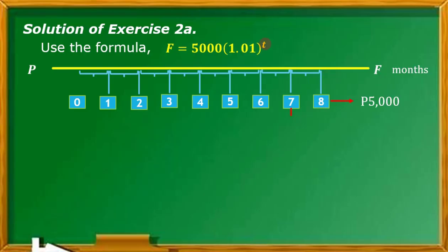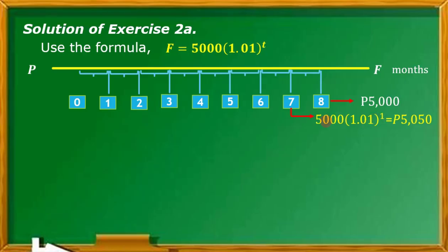So we have 5,000 times 1.01 raised to 0. Anything raised to 0 is 1. So 5,000 times 1 makes it 5,000. Then, at t equals 7, that means 8 minus 7 is 1.